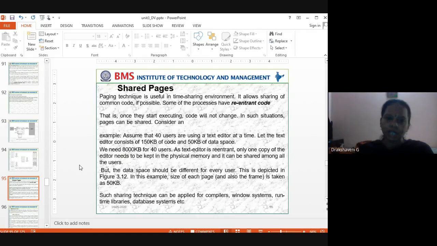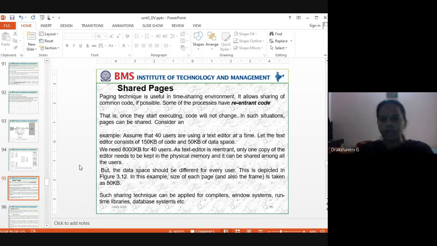A paging technique is useful in a time-sharing environment. In the same way, you have a calendar, a timetable where each hour each person has to take a class. Today morning was the first hour, after that you have lab. Today in the afternoon, the first hour is fine, then the next hour. It means timing is shared from 8:30 to 3:30. So that's what the paging technique is.